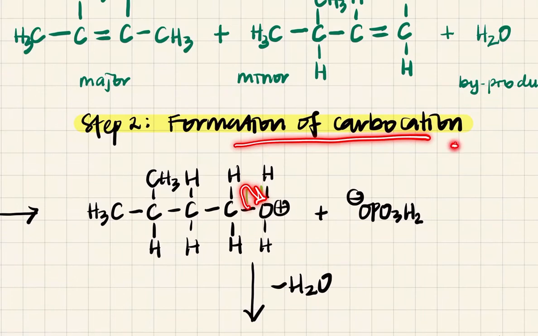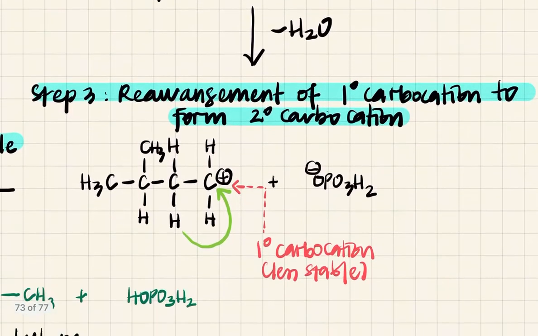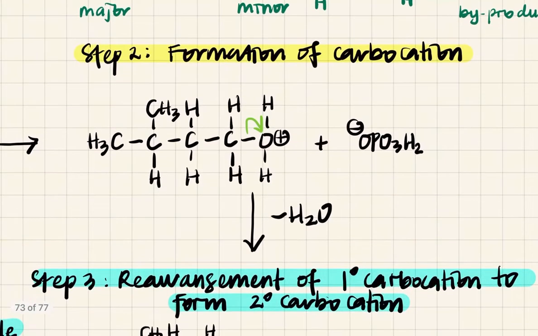So now awak akan lose awak punya water in order to form carbocation ion. So from this step, bila awak form awak punya carbocation ion, you will see that there is a possibility for you to form a more stable carbocation ion. So we'll see what kind of carbocation ion do we get from that removal of hydrogen. Sebab yang ni kita remove hydrogen from this carbon.